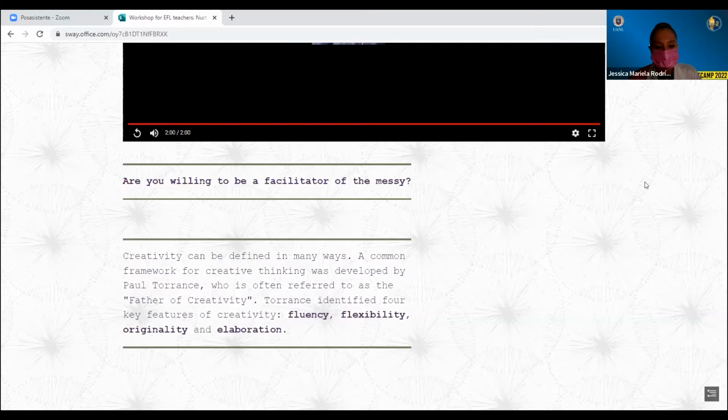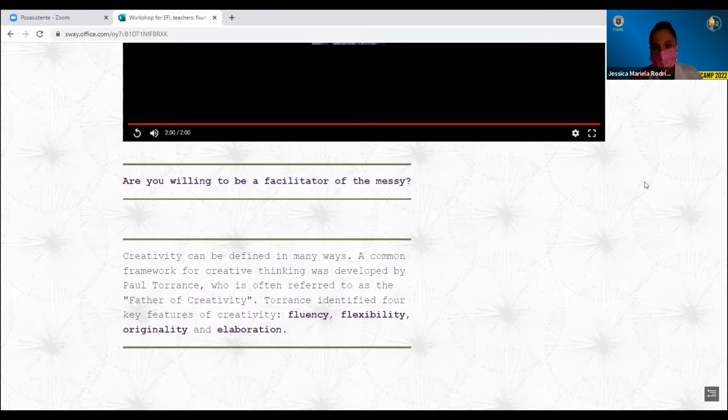A common framework for creative thinking was developed by Paul Torrance, who is often referred to as the father of creativity. He was an American psychologist who was really concerned about creativity. According to him, there are 4 key features of creativity.